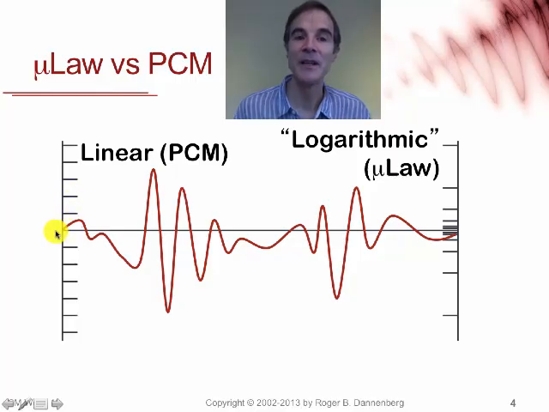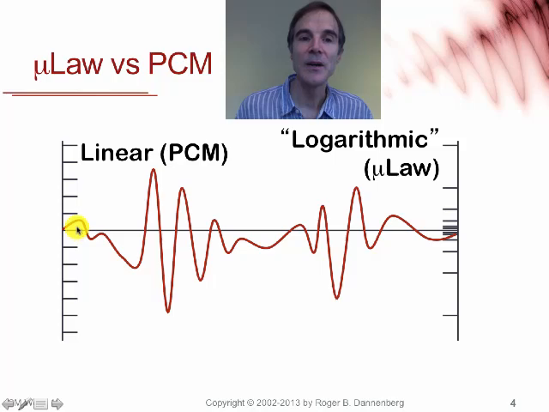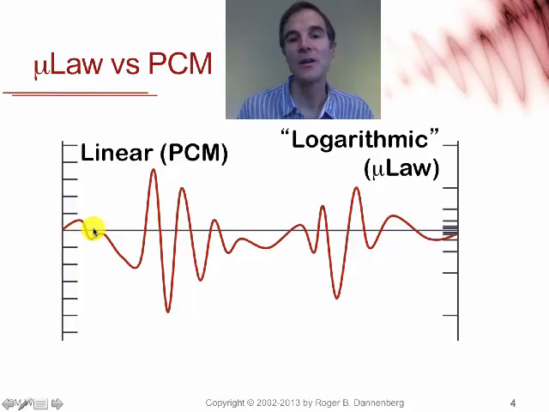So this would be represented by 0, this is 1, 2, 3, 4, and so on. So linear doesn't do a really good job of encoding low amplitude portions of the signal, or looked at another way, it spends a lot of bits on the higher amplitudes of a signal.